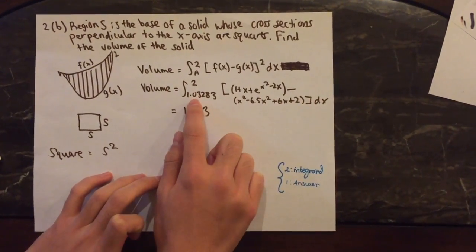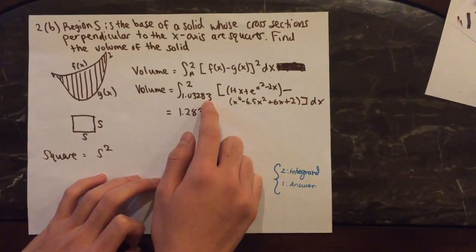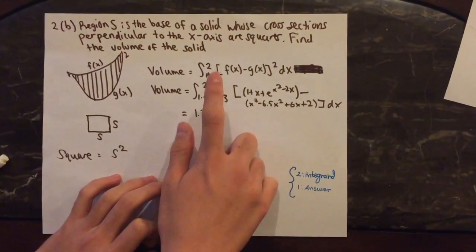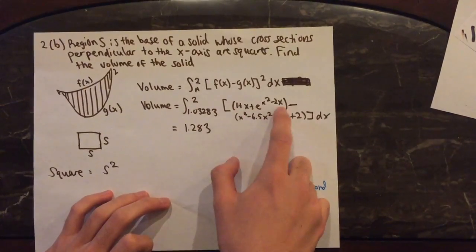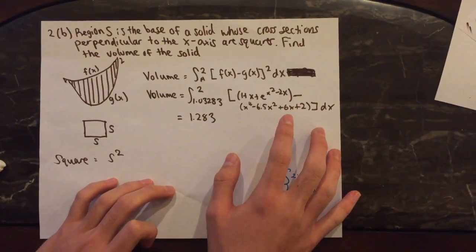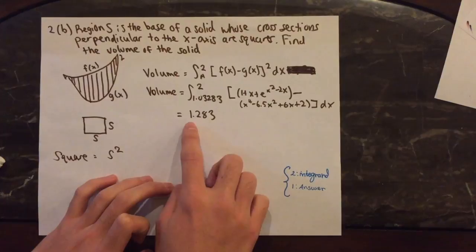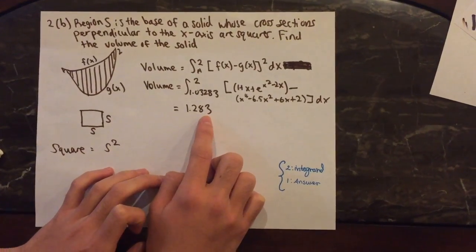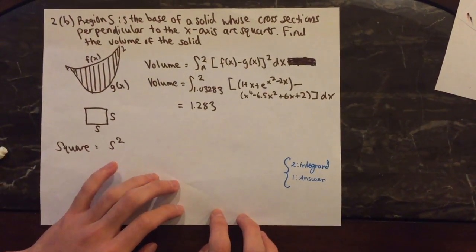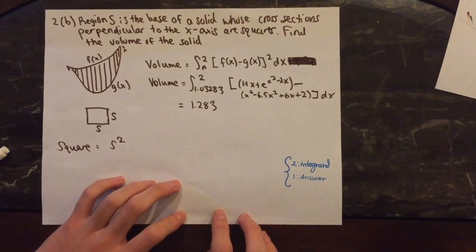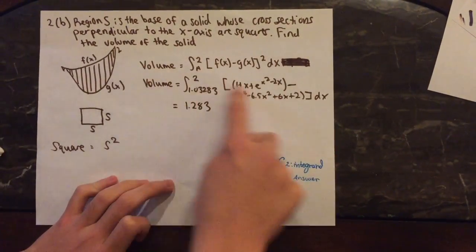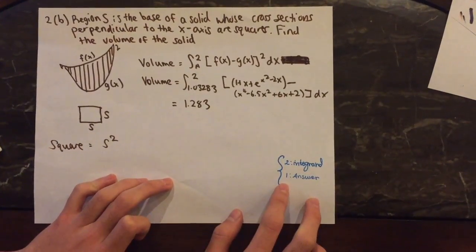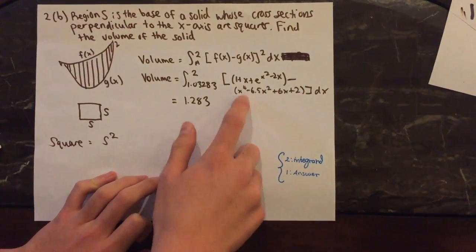So we have 1.03283 that we determined in part A, and we plug that in for a, and we plug in the functions. And the final answer that we get is 1.283. And you will be receiving 2 points for the integrand, which is this. And you'll get 1 point for the answer, 1.283.